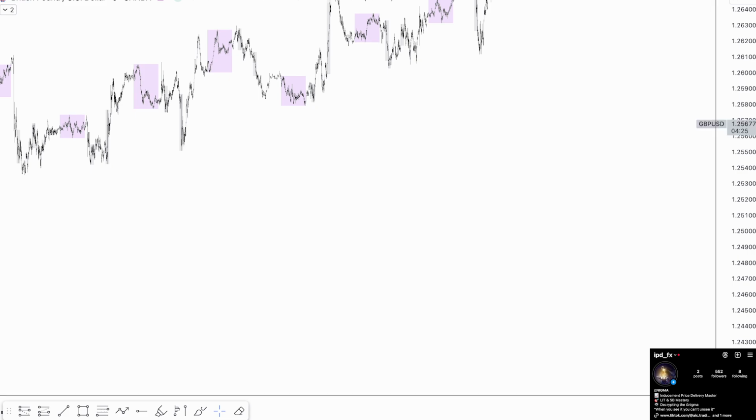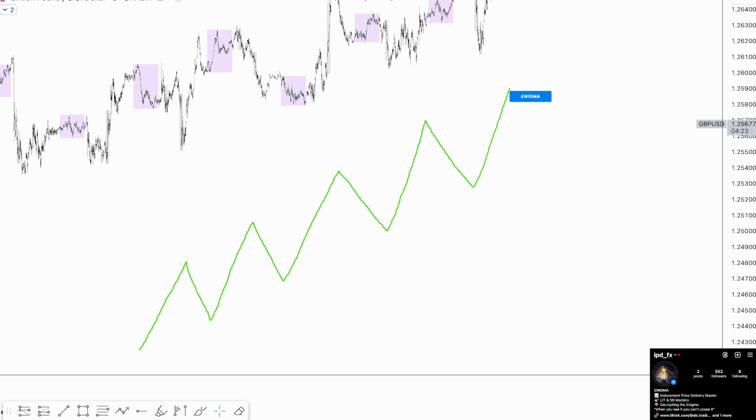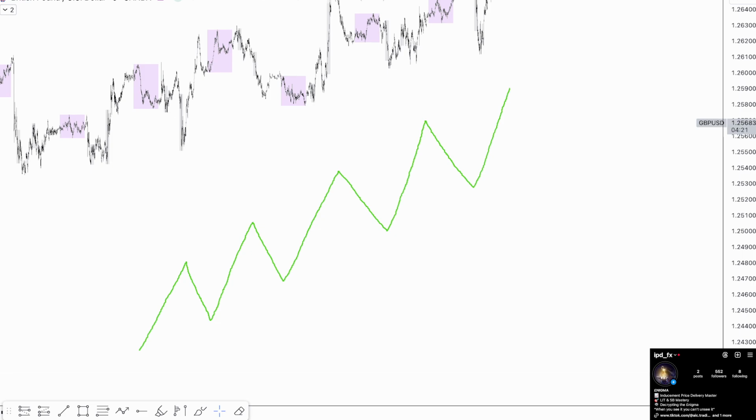As I told you before, we have the three types of liquidity, and this liquidity generates something in the market. As you can see on this side, we have a break of structure. This generates a buy limit from the breakout traders.